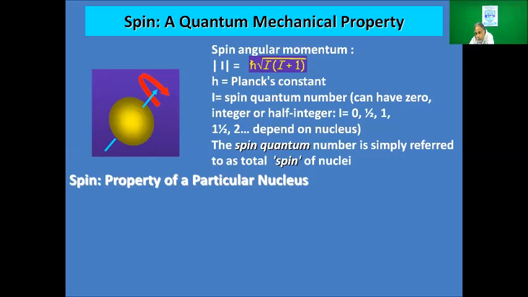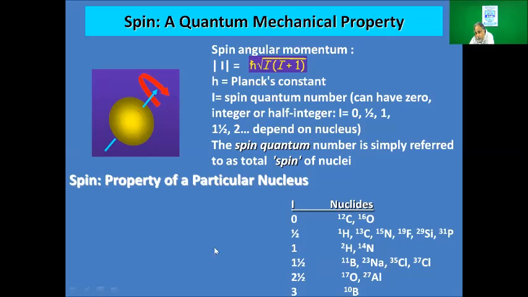The spin quantum number simply refers to the total spin of the nuclei. So when we consider the spin quantum number, it is basically the sum of the spins of the protons as well as the sum of the spins of the neutrons.